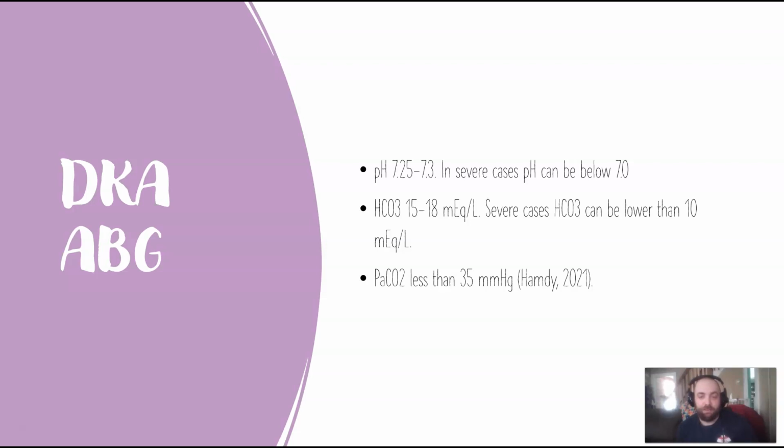And this is going to explain it because that bicarb is low, so it's causing metabolic acidosis. So they're going to be working to try to blow off even more CO2 to get that blood pH normalized and maintain homeostasis.